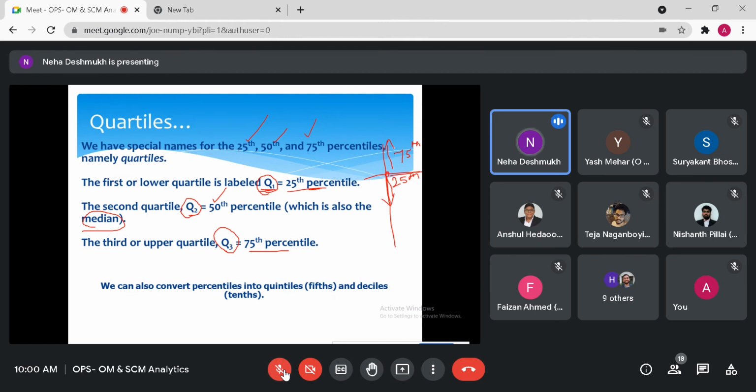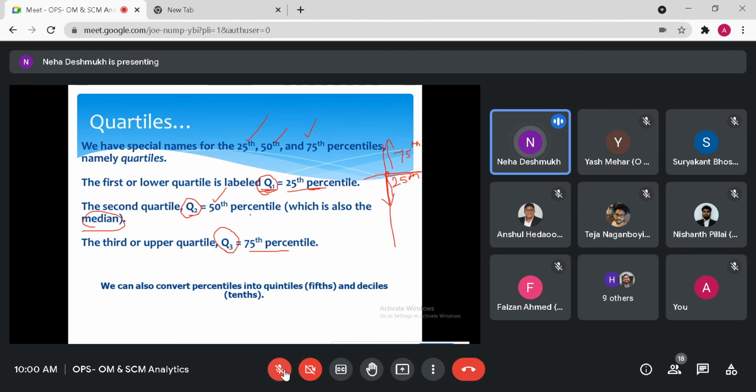So with respect to the 25, how much I am getting, that is my relative position related to the highest position, right? So first quartile represents 25th percentile. Location of 25th percentile means 25% values are less than that value and 75% are higher than that value.